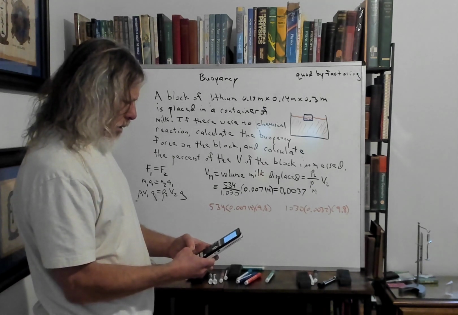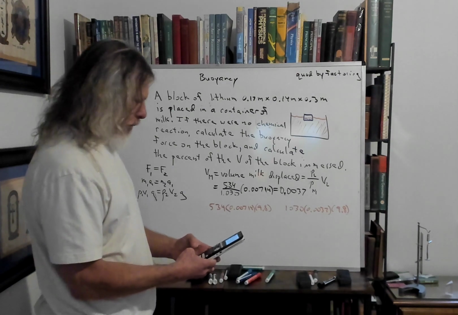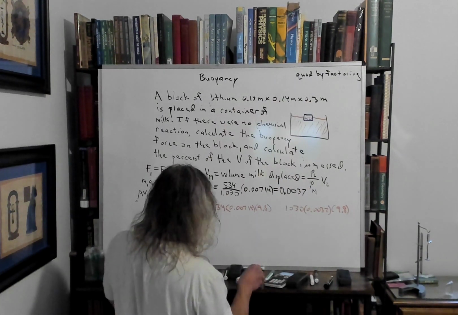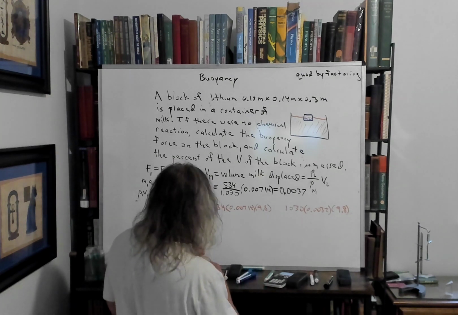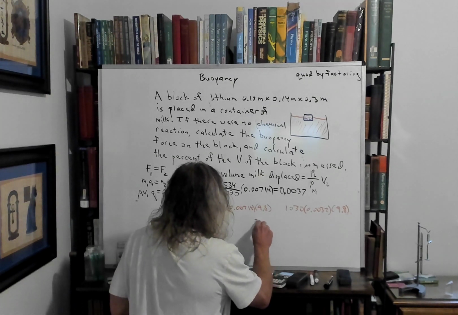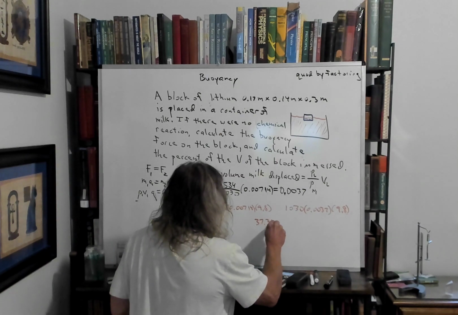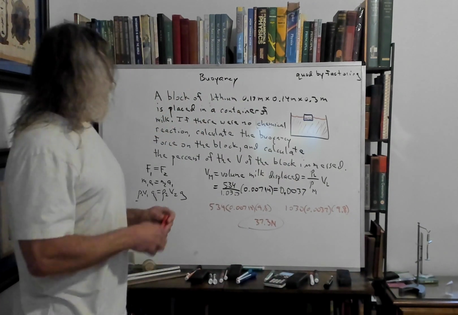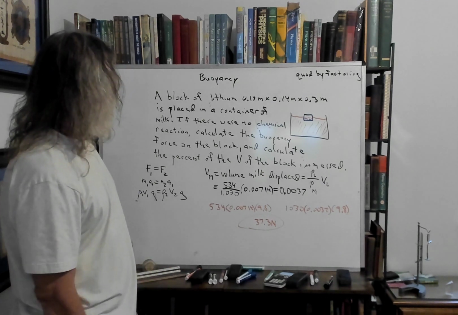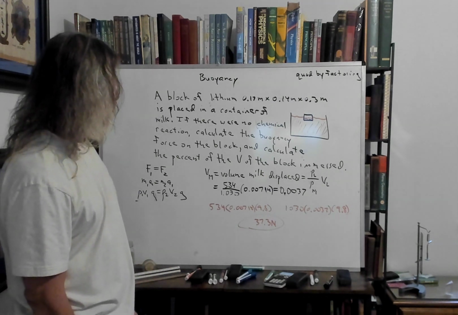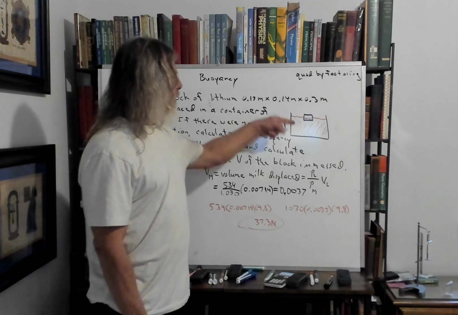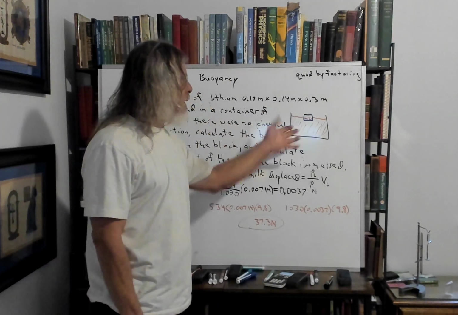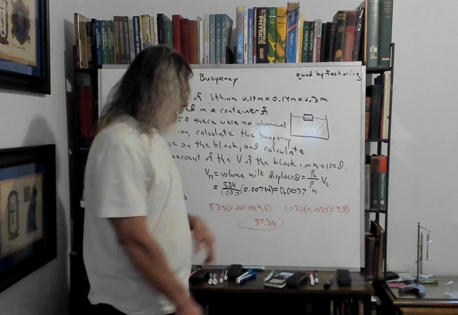Same thing. 37.3, we'll make it. So, 37.3 newtons. That is the buoyancy force of the milk on the lithium block. The milk buoys up the lithium block.